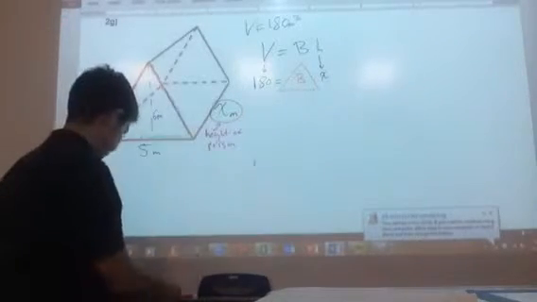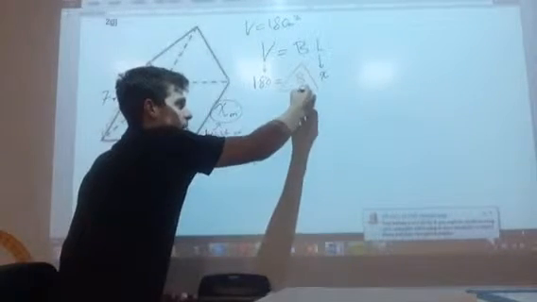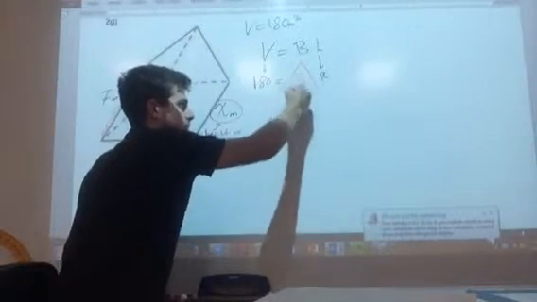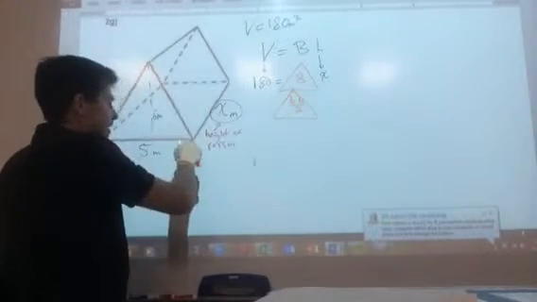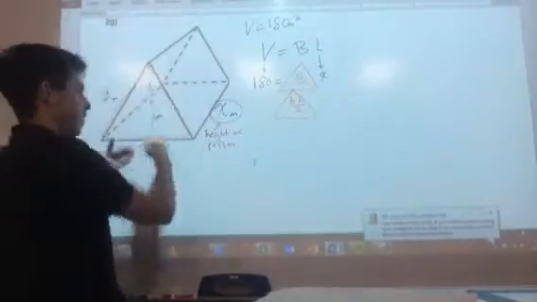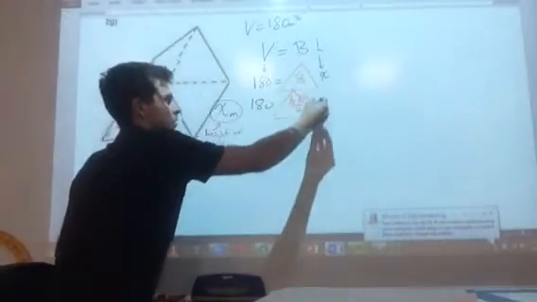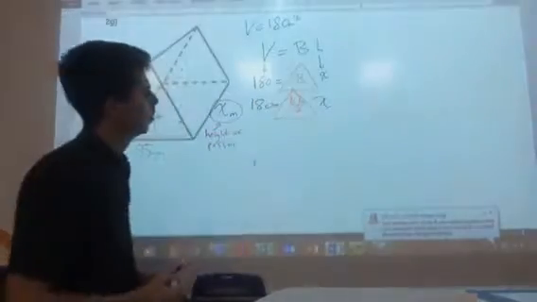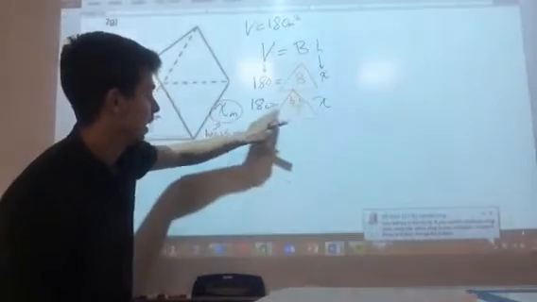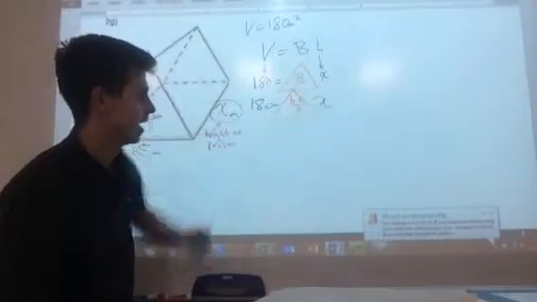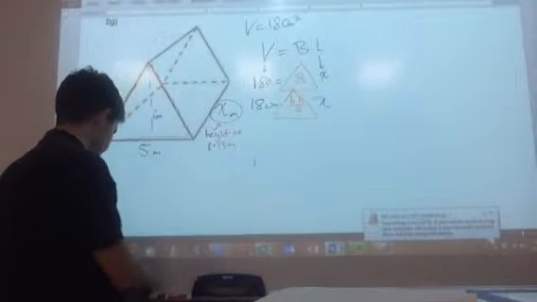And now the area of a triangle is going to be small b times height divided by 2. This b is the base of the triangle. The big B is the area of the entire figure. So we've got 180 is equal to the area of the base times x. Now we just need to plug in what we know, substitute.